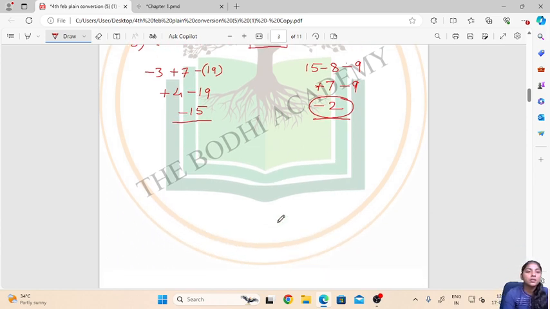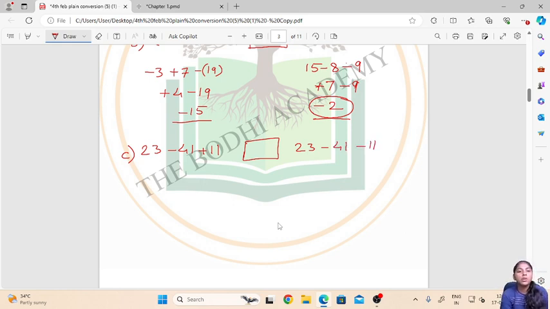Then the third one, we have 23 - 41 + 11, and on the other side we have 23 - 41 - 11.